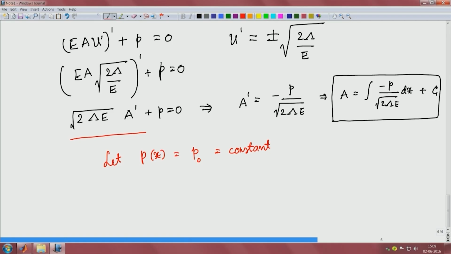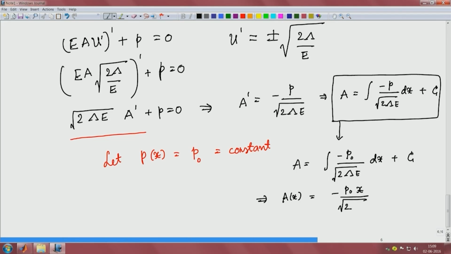If it is constant, then from here we can see a will simply be integral minus p naught, it is not p of x now, just constant, and 2 lambda e under square root dx plus c. Okay. So, we can integrate this, right, just everything is constant, that will be, this implies a of x will be minus p naught x divided by square root of 2 lambda e plus c.